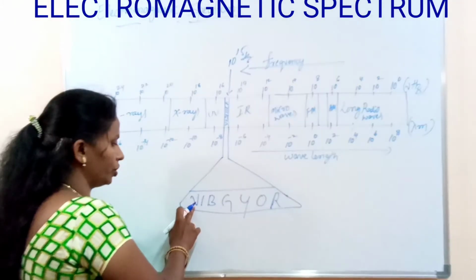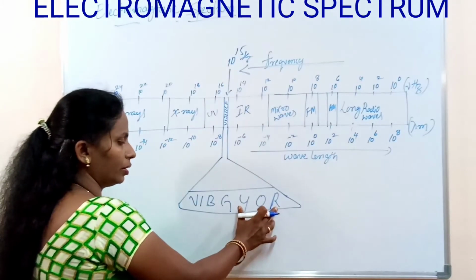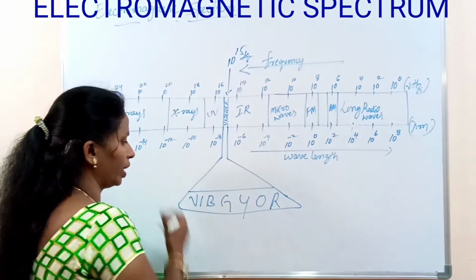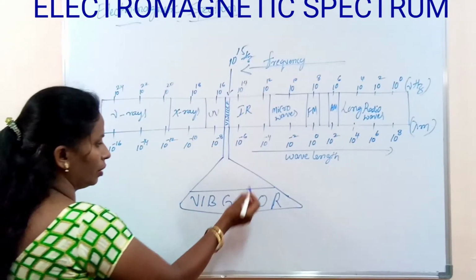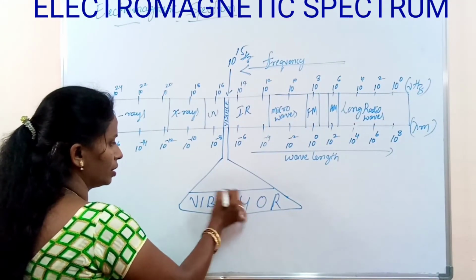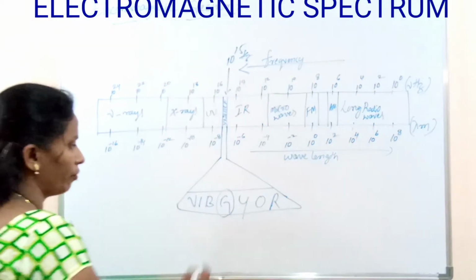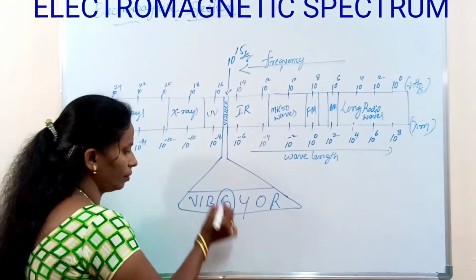Violet bends more, red color bends less. And in VIBGYR, the green color is at the center. Keep this in mind, because they will ask this in competitive exams.